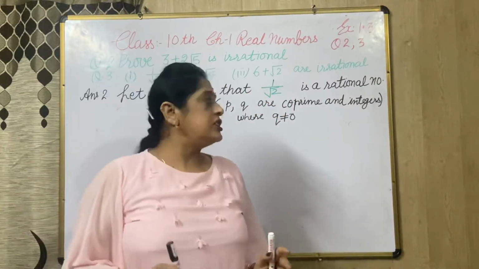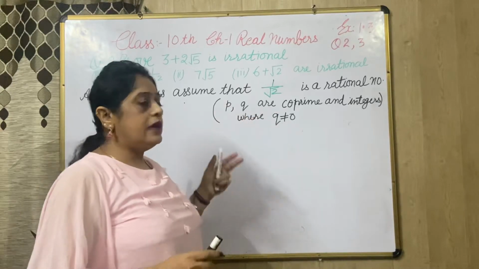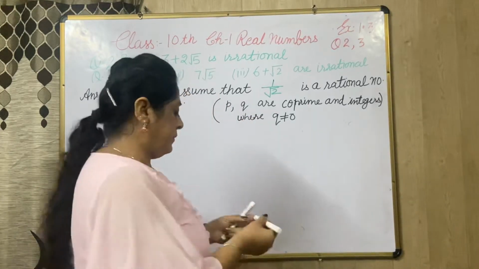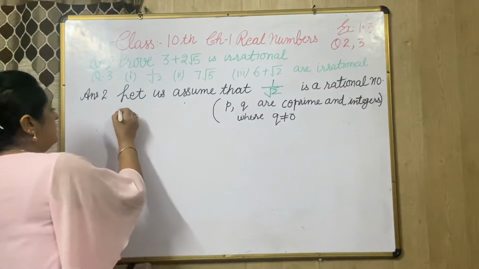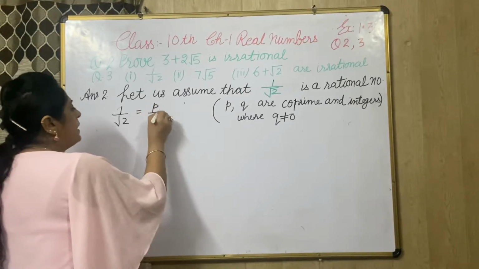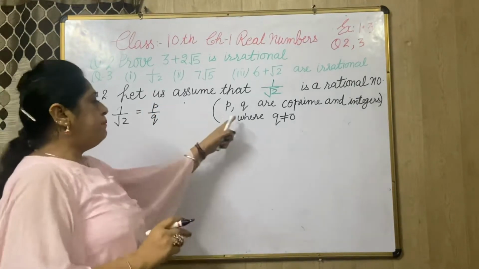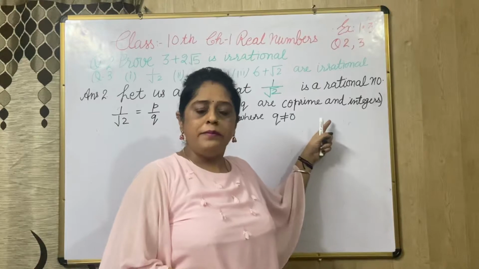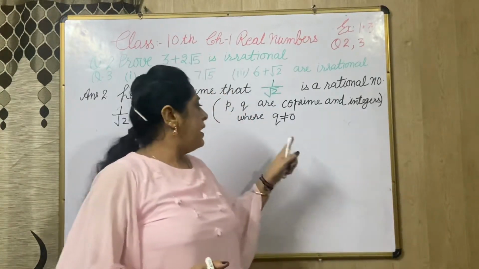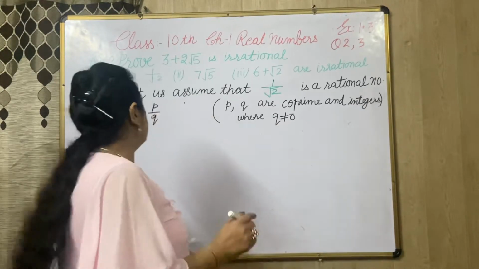If it is a rational number, it can be written in the form of p by q. So I will write here 1 upon root 2 is p by q, and p and q are co-prime numbers. They have no common factors and they are integers also, and q should not be 0.